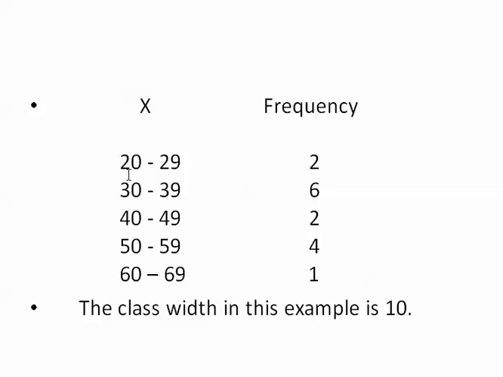For example, there would be 20 to 24, and then 25 to 59, and then 60 to 99, and you would have different class widths, and you're not allowed to have different class widths. Every class interval has to have the same class width.